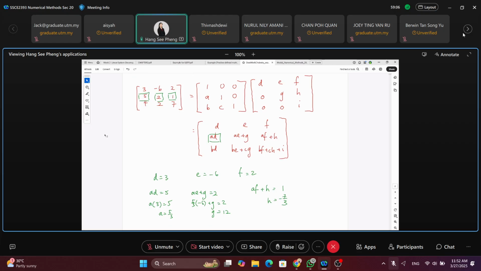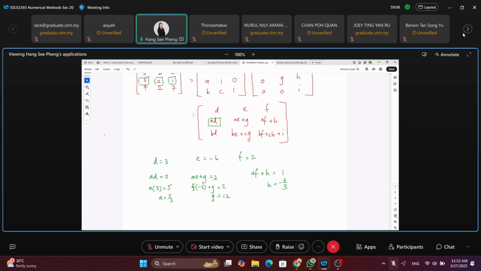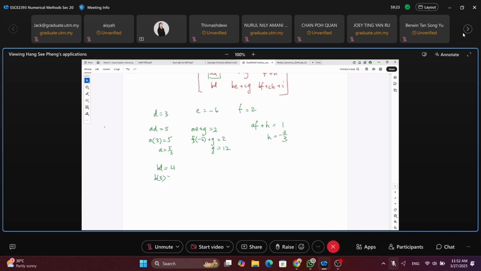Okay, and next, BD. BD equals 4. And now, which one is unknown? B is unknown, because D we know here, that is 3. So B equals 4 over 3.